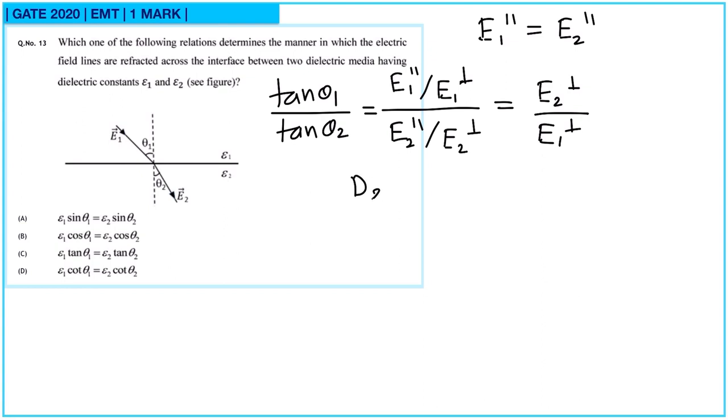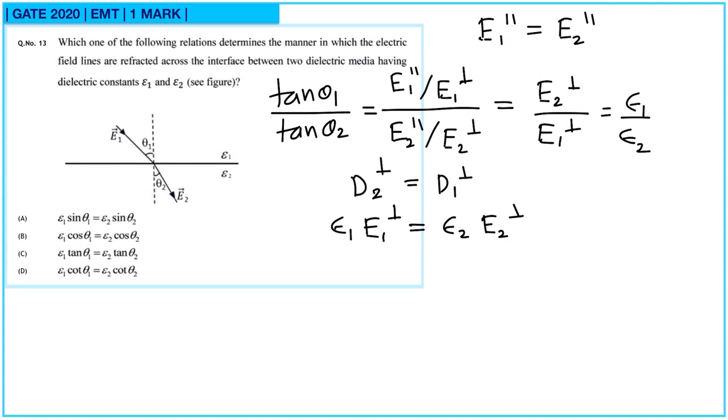Now we know D2 perpendicular is equal to D1 perpendicular if there are no free charges. So this can be written as epsilon 1 E1 perpendicular equals epsilon 2 E2 perpendicular. So from here E2 by E1 will be equal to epsilon 1 by epsilon 2.